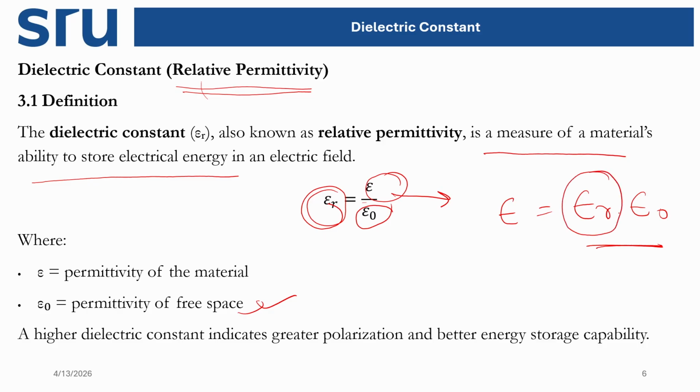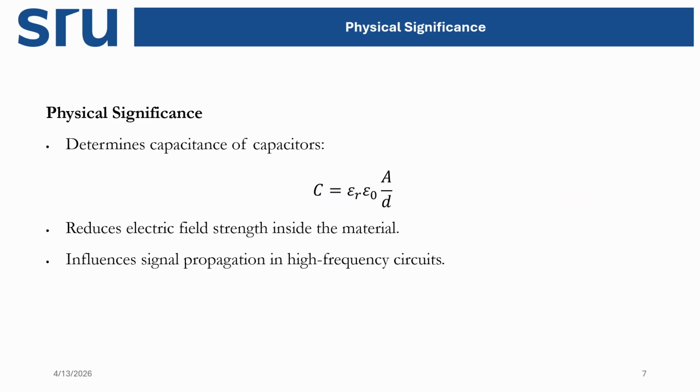The higher the dielectric constant, the greater the polarization and the better the energy storage. For any compound, when we are looking at how much energy it can store in the presence of an electric field, it depends on its dielectric constant. The higher the dielectric constant, the higher the energy storage capability.